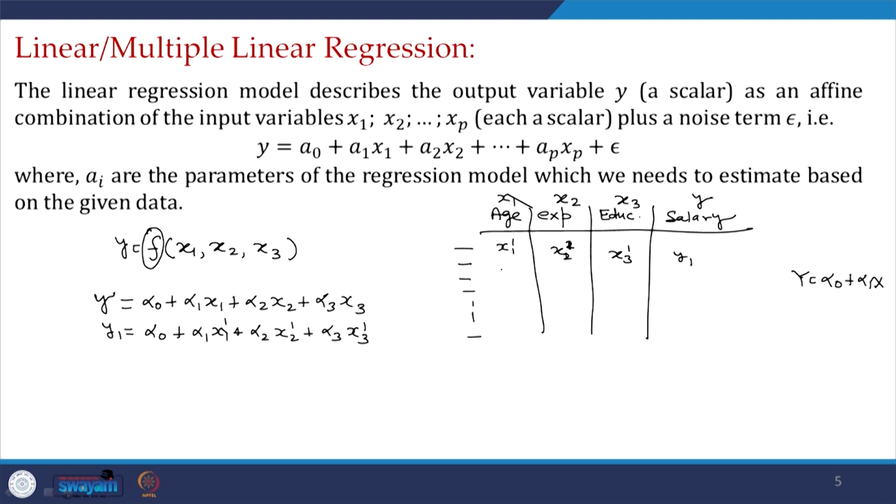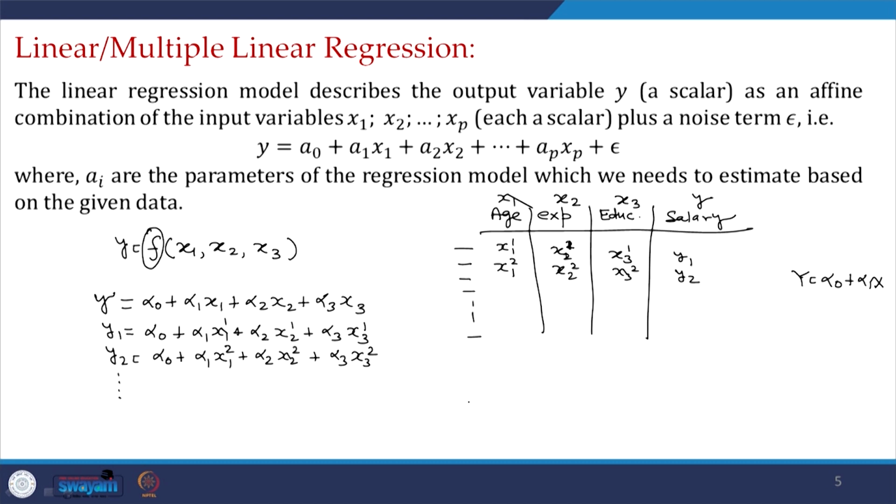Let us say for the next employee it will be x 1 2, x 2 2, x 3 2 and y 2. So, I will be having another linear equation: y 2 equals alpha 0 plus alpha 1 x 1 2 plus alpha 2 x 2 2 plus alpha 3 x 3 2.